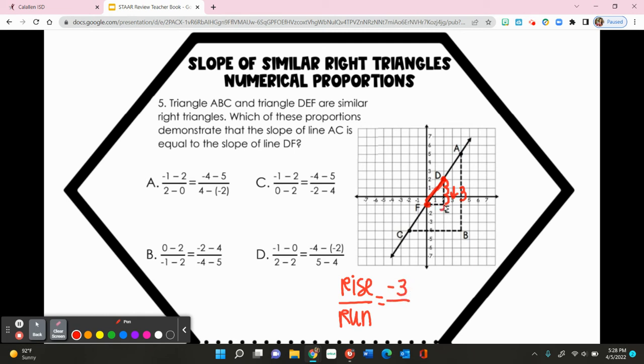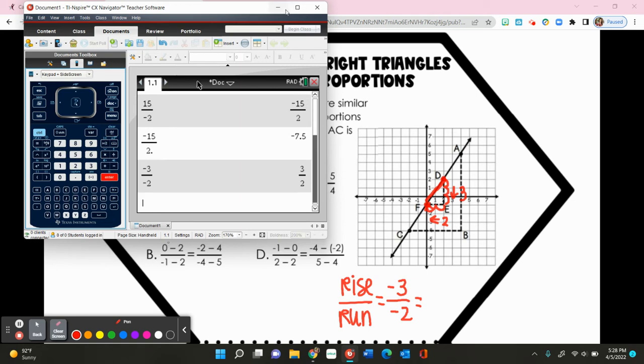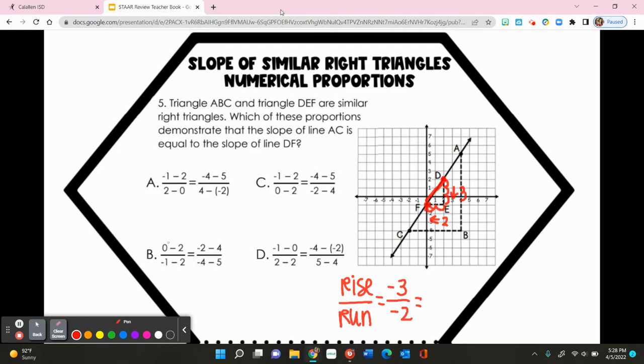Then for my run, I went 1, 2 to the left. And since I went 2 to the left, that means it's a negative 2. So now I simplify in my calculator. Control divide. Negative 3 on top and negative 2 on the bottom. When we press enter, we see that our slope is 3 over 2.